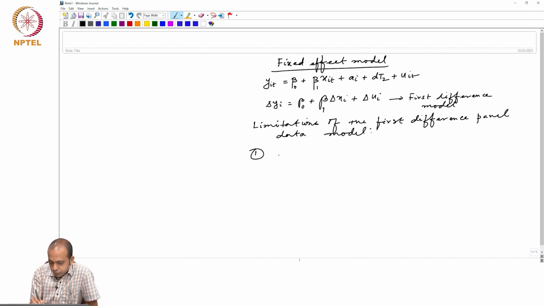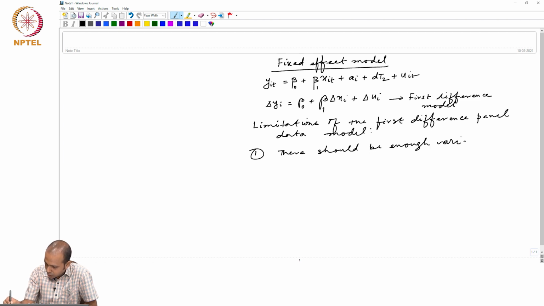Firstly, there should be enough variation in delta xi across several individuals, several cross sections.